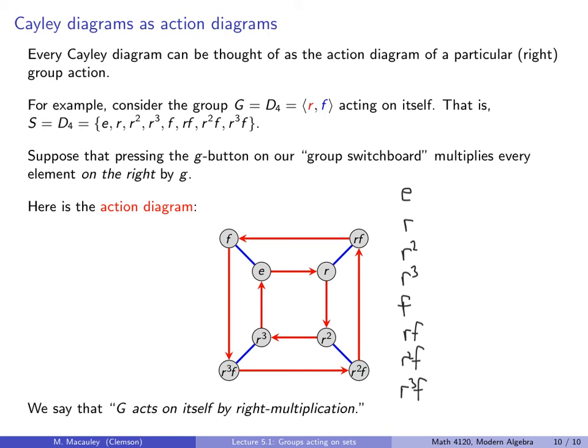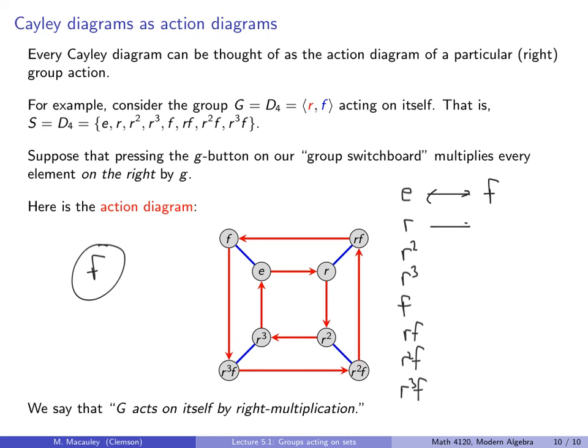Now let's push one of these buttons. We have a group switchboard over here where every group element has a button. Let's press the F button. So what happens? So E, oh by the way, pressing the F button, as we said, multiplies every element on the right by F. So E gets sent to, what's E times F?